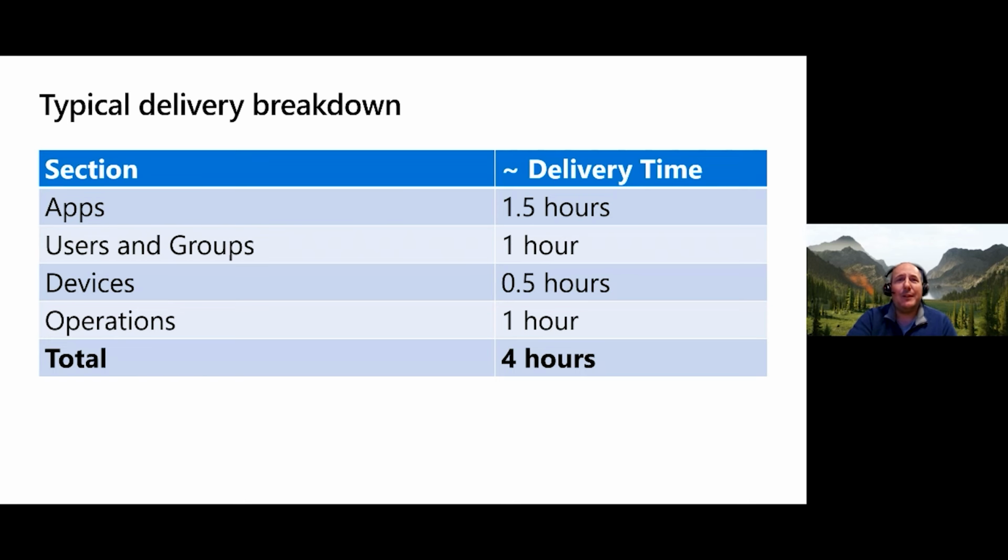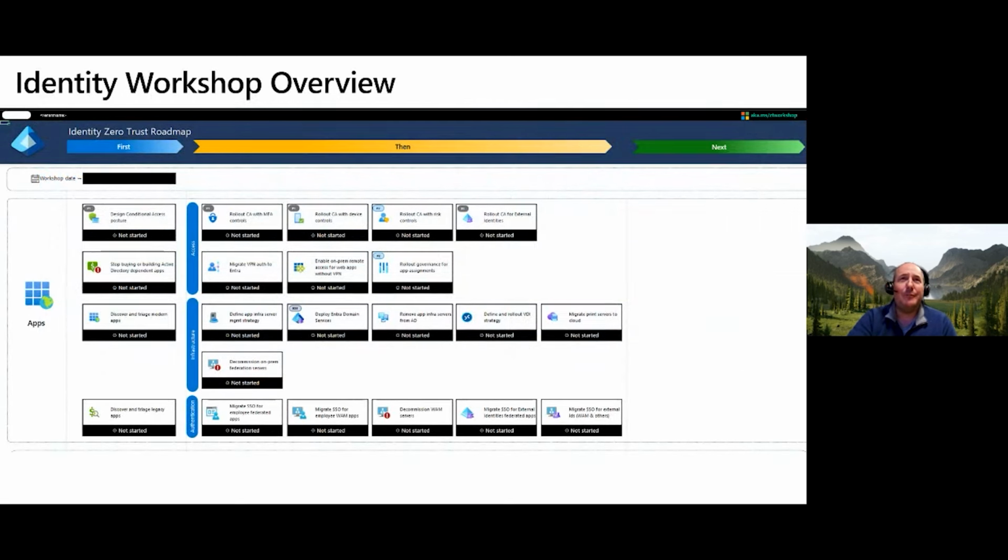Now, looking at each one of the sections for identity, first up is the apps section. This is what Tarek was showing in his section. So that first row there is designing your conditional access policy posture. But really, in the apps section, what you're doing in your workshop is facilitating conversations, right?